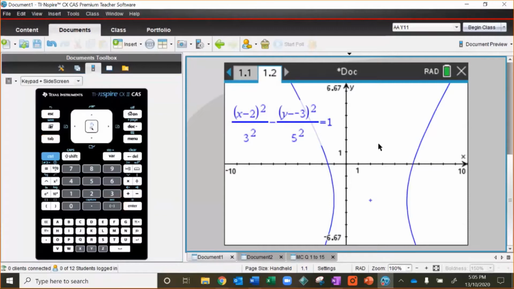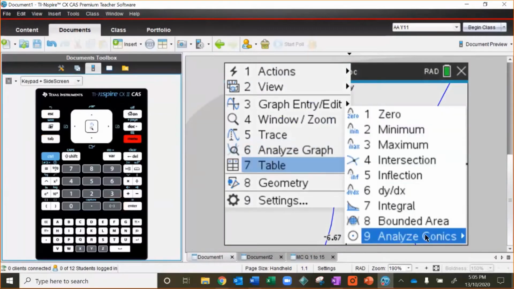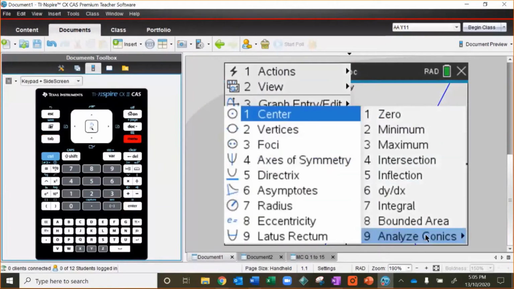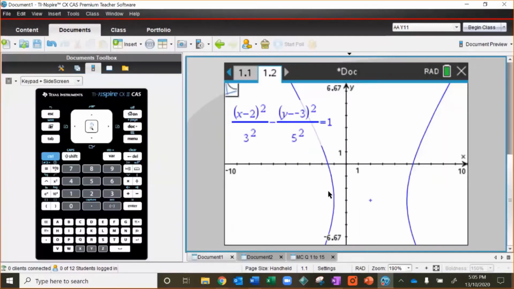So that's how we enter using the equation template. What we wish to find is the equations of asymptotes. So if we go to menu, analyze graph, we need to use number 9, analyze conics. You have a number of things you can ask the calculator for, but we are asking for the asymptotes.